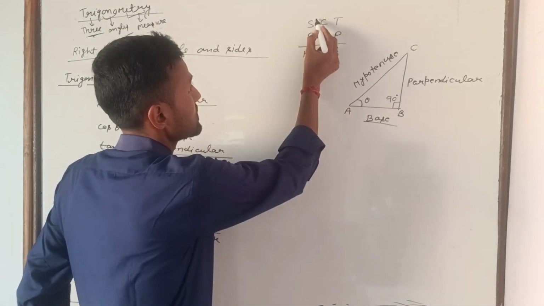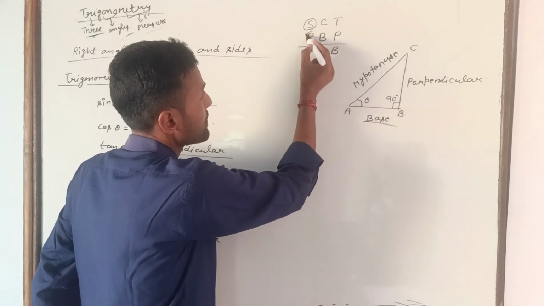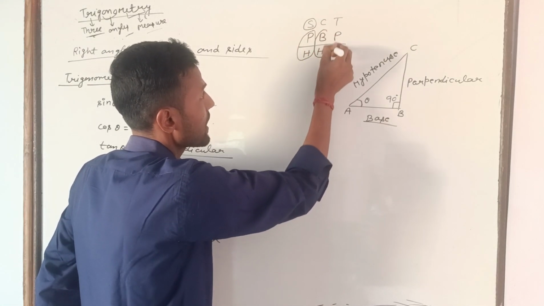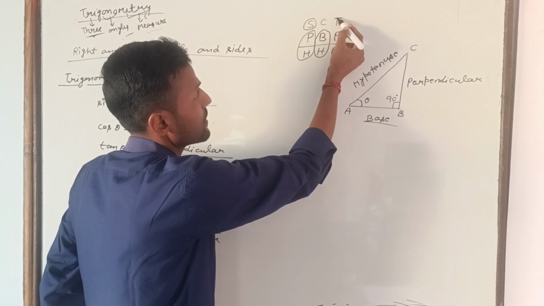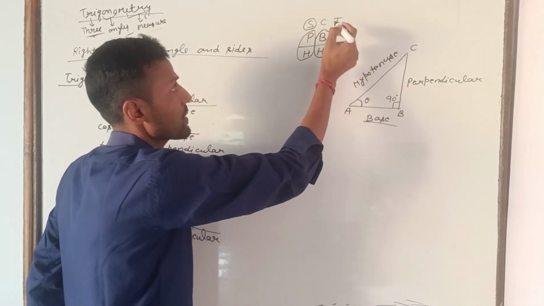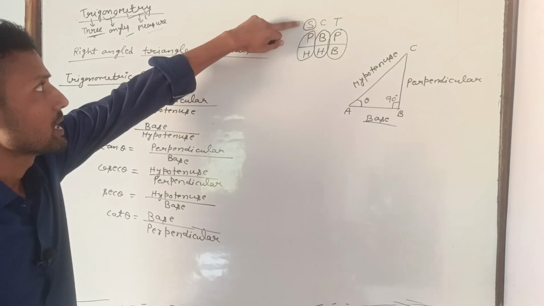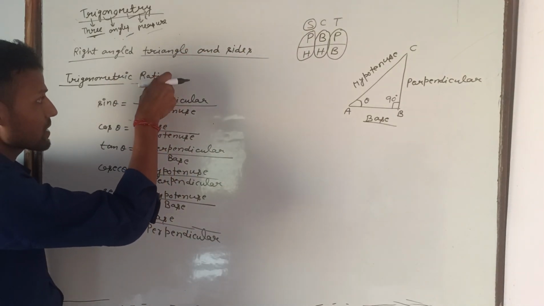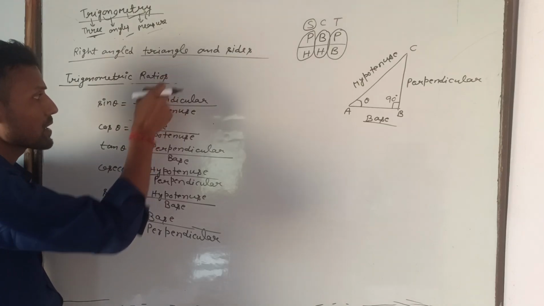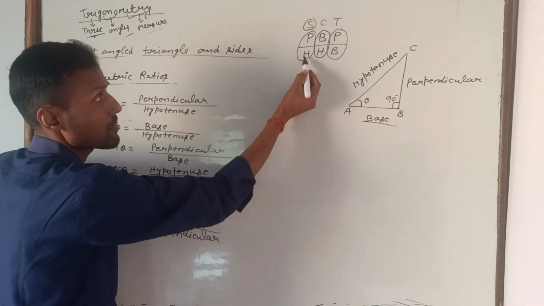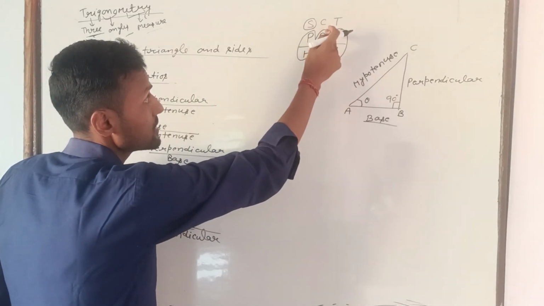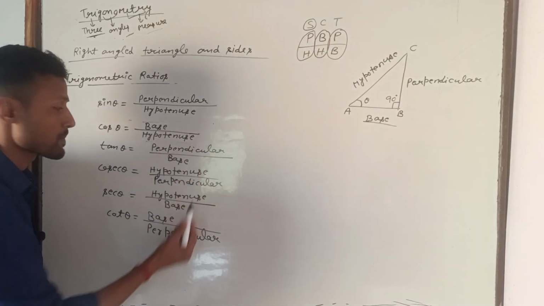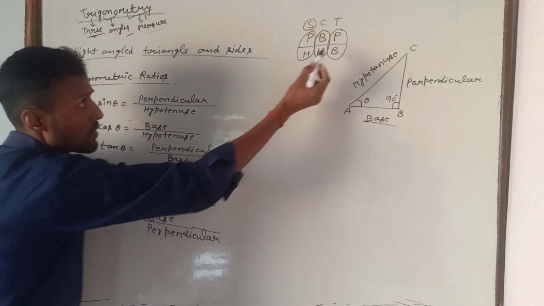Okay, so what is the meaning of sine? Sine is perpendicular over hypotenuse, cos is base over hypotenuse, and the t for tan is perpendicular over base. As I wrote here, sine theta is perpendicular upon hypotenuse, cos theta is base upon hypotenuse, and tan theta is perpendicular over base.